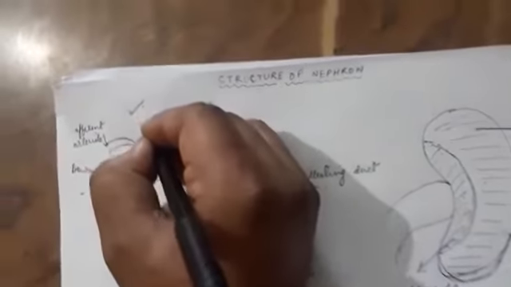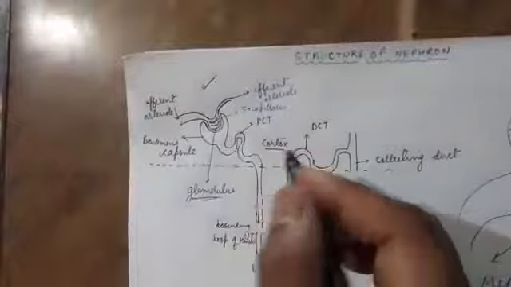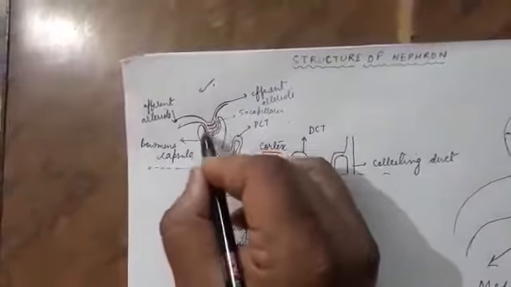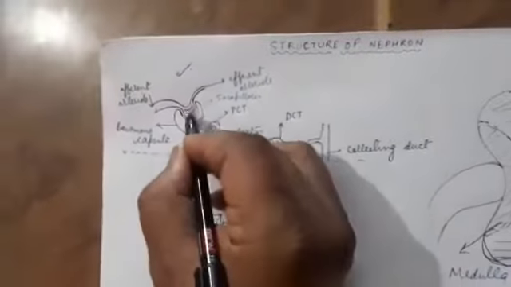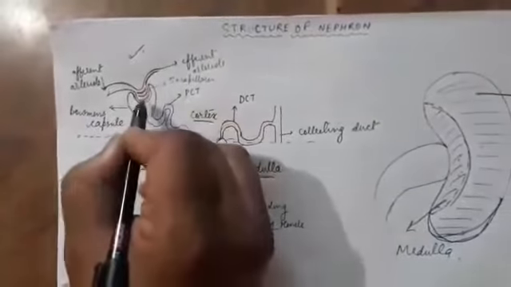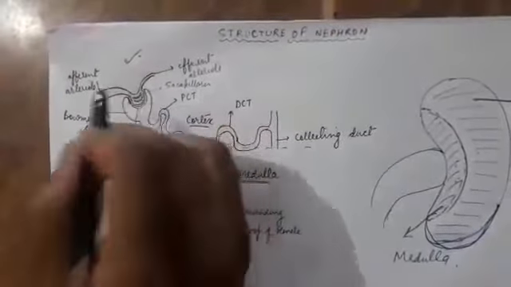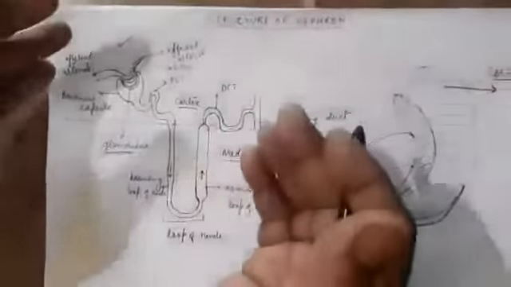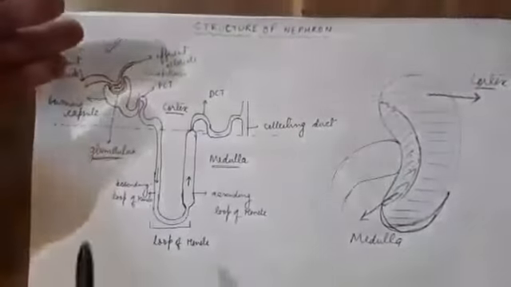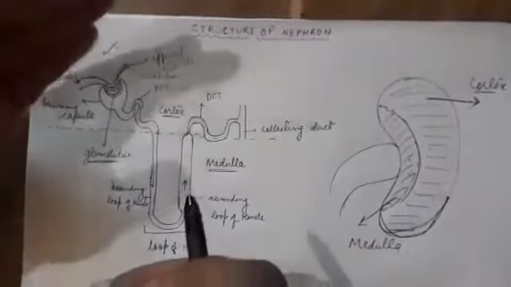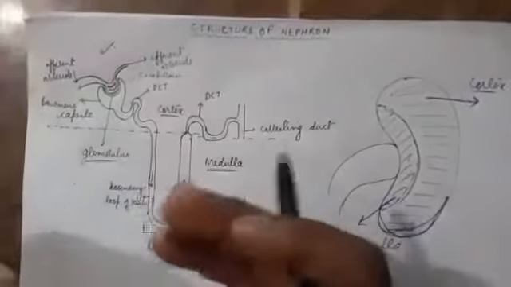When the size reduces, pressure increases. When the size increases, pressure decreases. So the filtration takes place here with pressure, and that's why this is called ultrafiltration. I will tell you about the steps of filtration in the kidneys, how the filtration takes place in the kidney.